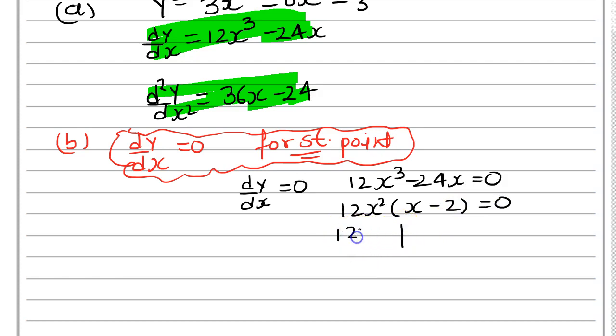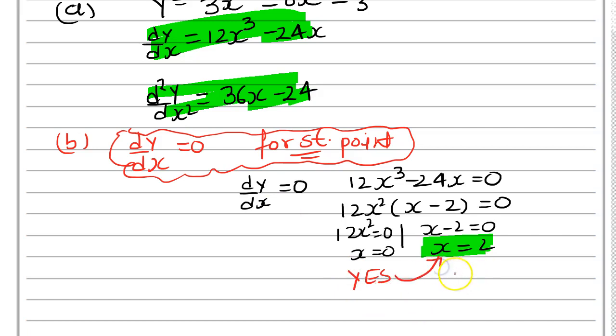First is 12x^2 equal to 0, and x minus 2 equal to 0. So here we got x is equal to 2, and here we got x is equal to 0. So if you see here, x is equal to 2, we got it. Our question was whether x is equal to 2 is a stationary point or not. So the answer is yes, x is equal to 2 is a stationary point, and we have shown that.